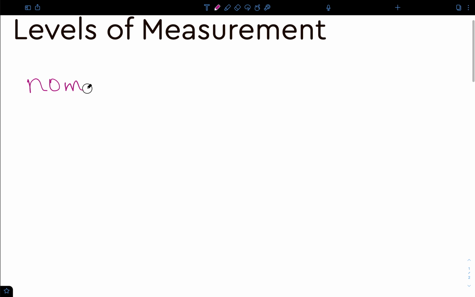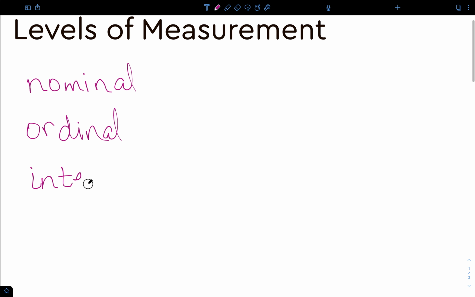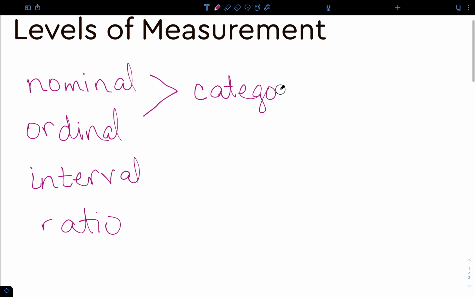We have the nominal level, ordinal level, the interval level, and the ratio level. And as we look at these, nominal and ordinal will be my categorical variables, and interval and ratio will be my numerical variables.